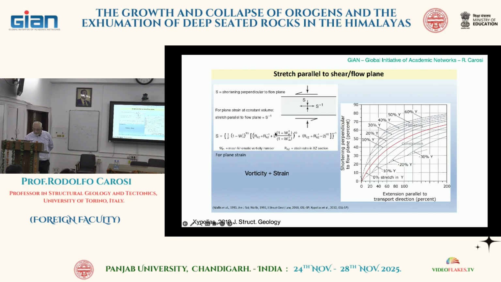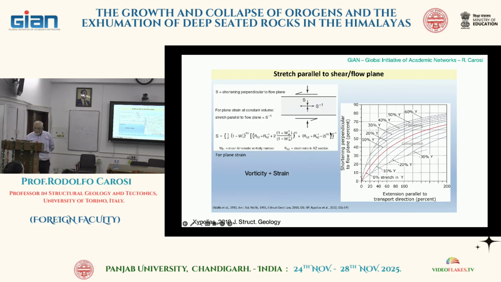apparently complicated equation, but it is not really complicated. You can put in this equation here the vorticity value, maybe 0.7, and here the axial ratio along the XZ section, maybe 4.